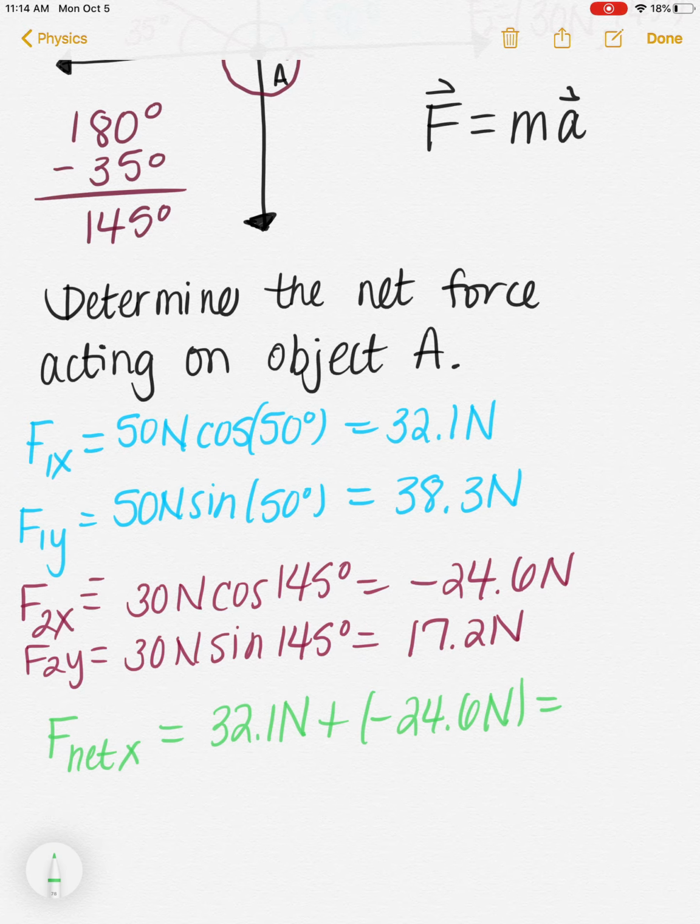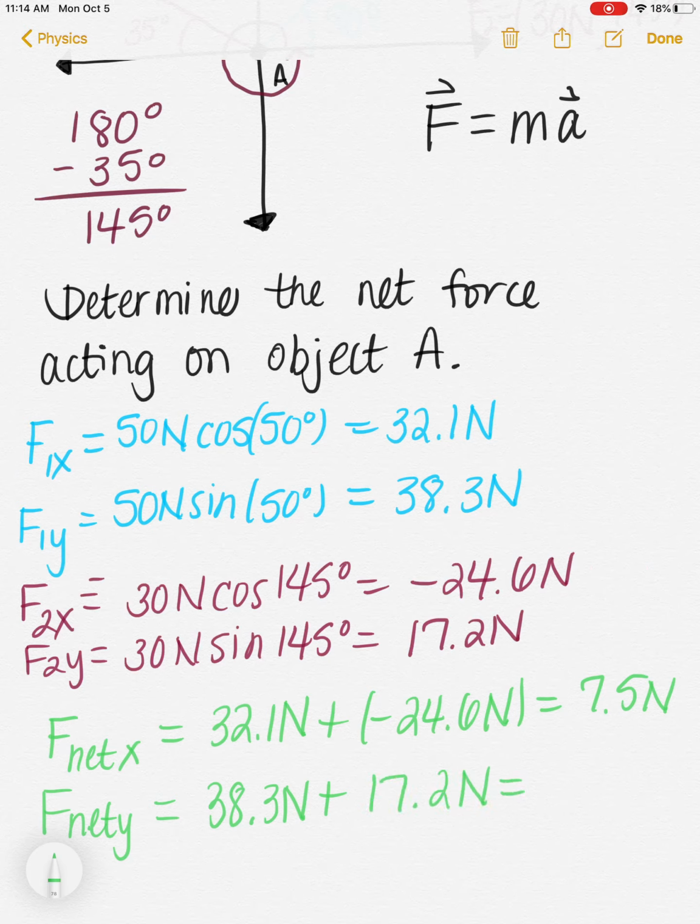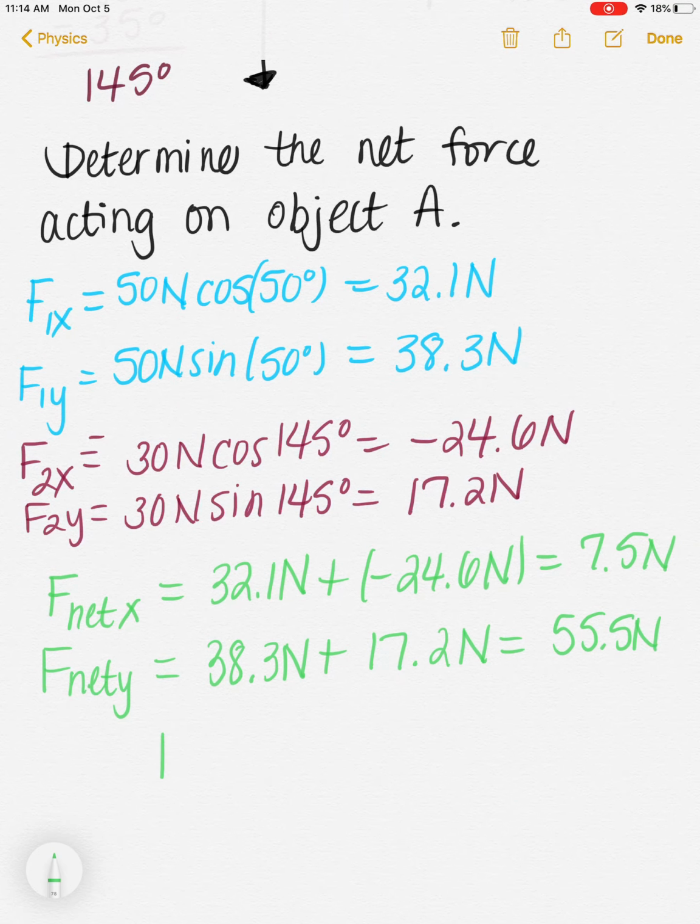Just adding the two x components of the vectors together, that gives me 7.9 newtons. And then the net y component will be found by taking 38.3 newtons plus 17.2 newtons. I get 55.5 newtons.